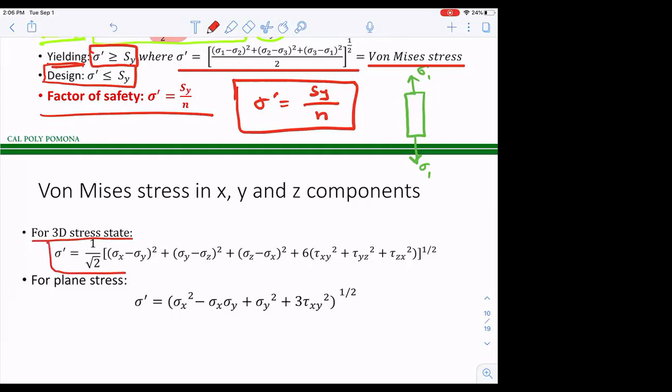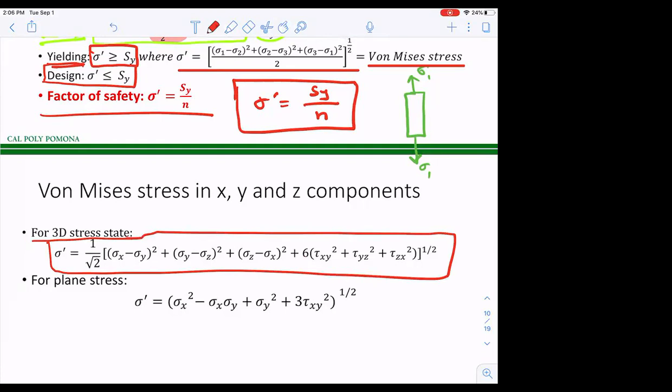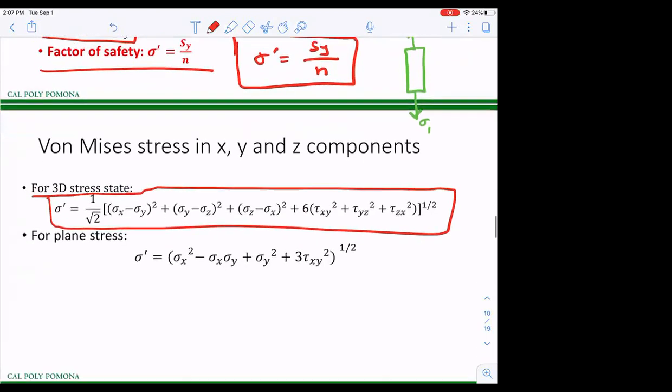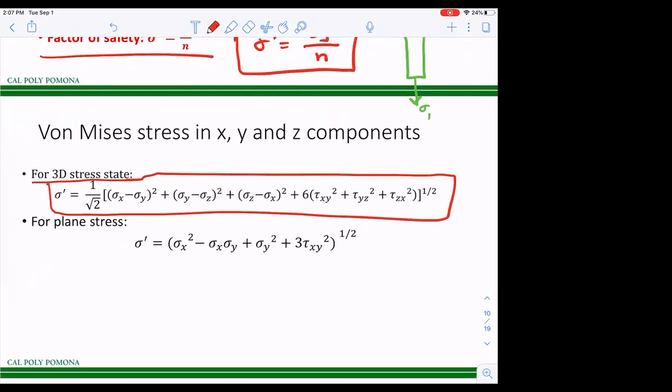Life is easy. And if you have plane stress, life is even easier, because sigma z is 0, and tau xz and tau yz are 0. You only have sigma x, sigma y, and tau xy, and you can easily calculate it directly.